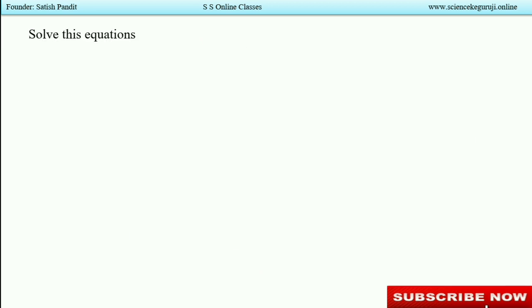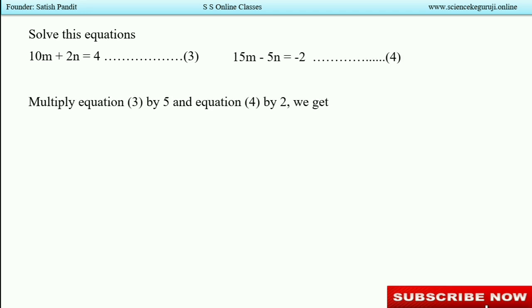So friends, next solve equations 3 and 4. For this we multiply equation 3 by 5 and equation 4 by 2 for eliminating variable n. So we get 50m plus 10n is equal to 20, equation number 5, and from equation 4 by 2 multiplication we get 30m minus 10n is equal to minus 4, equation number 6.